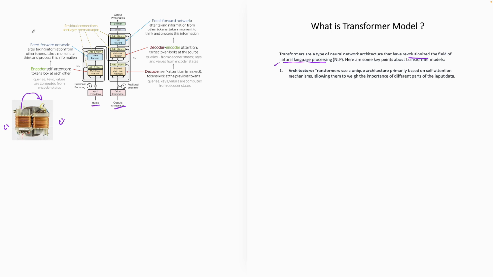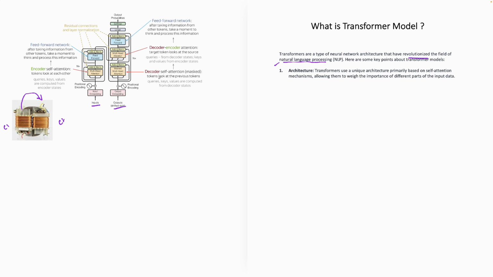Now you may ask, what is an encoder? Encoders are neural network layers. First of all, remember, there could be multiple layers of this. We are just showing one layer, but in the input itself there could be multiple layers. In the output, again, there could be multiple layers. Encoders are the neural network layers that process the input sequence and produce a continuous representation.